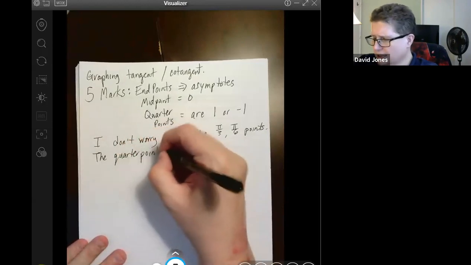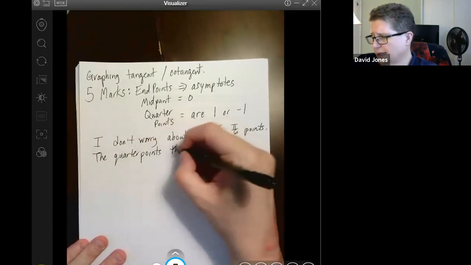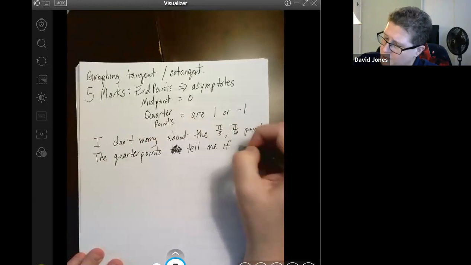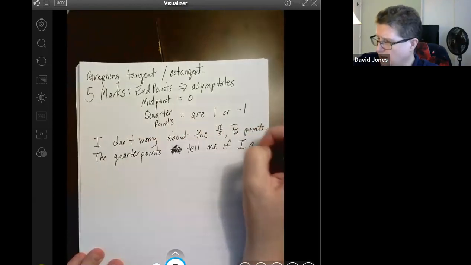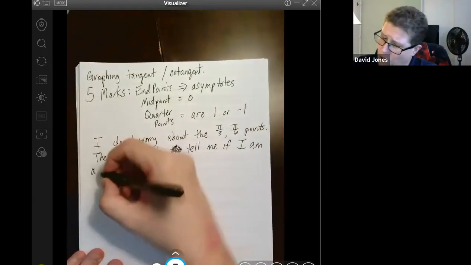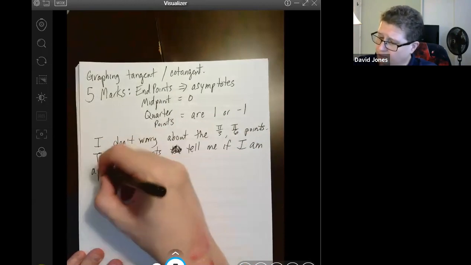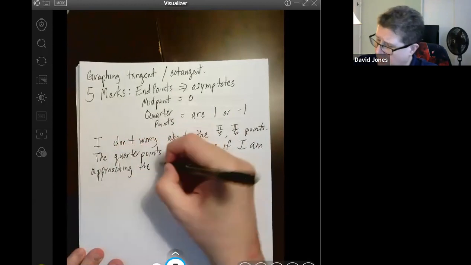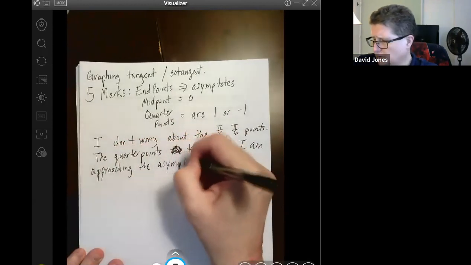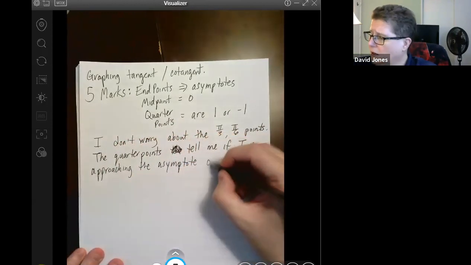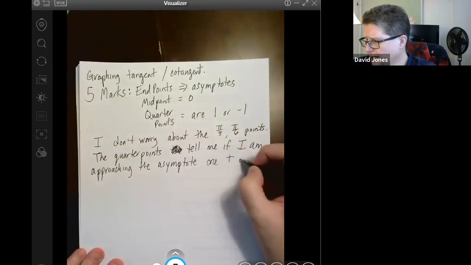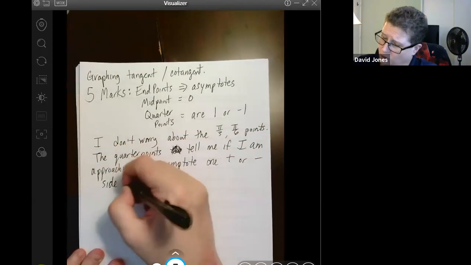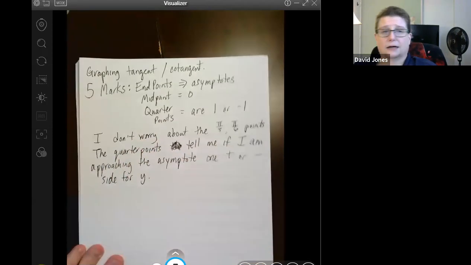The quarter points tell me if I'm approaching the asymptote on the positive side of y or negative side for y.